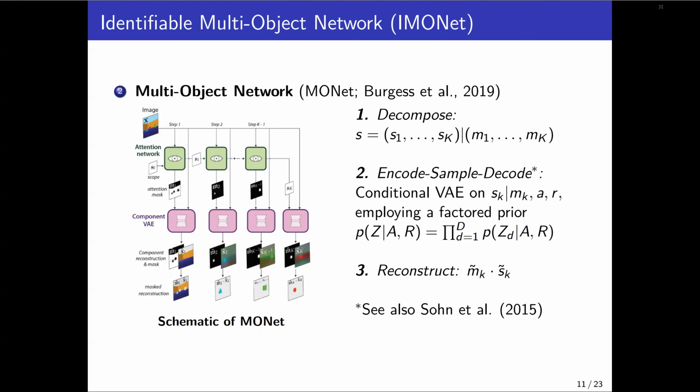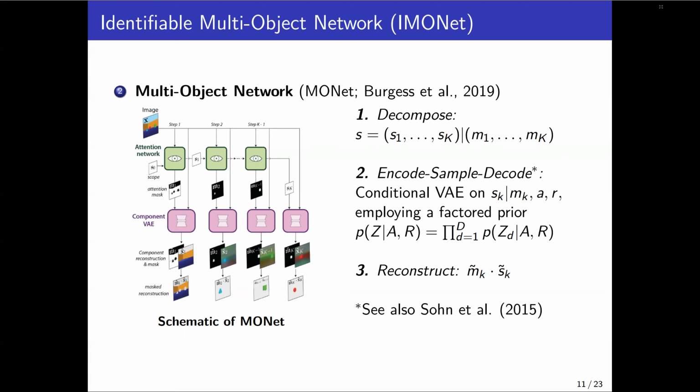As the name suggests, the learning process happens in a larger structure called the multi-object network, or MONET. Here we decompose a state into case-separate pieces by masking it through the attention network. Then we use the VAE, but now we condition the masked state not only on the masks themselves, but also on action and reward in our raw inputs. Then we employ the factorized prior latent Z conditioned on action and reward.